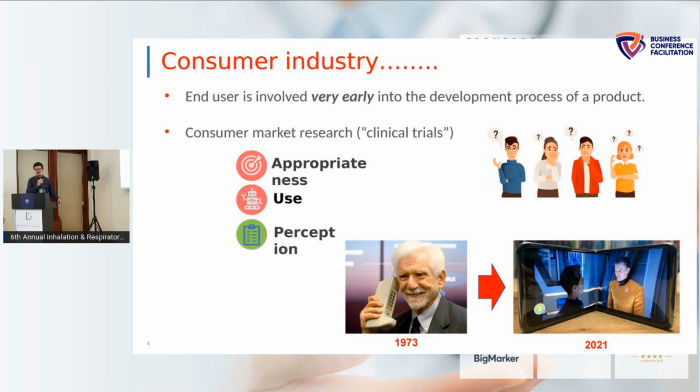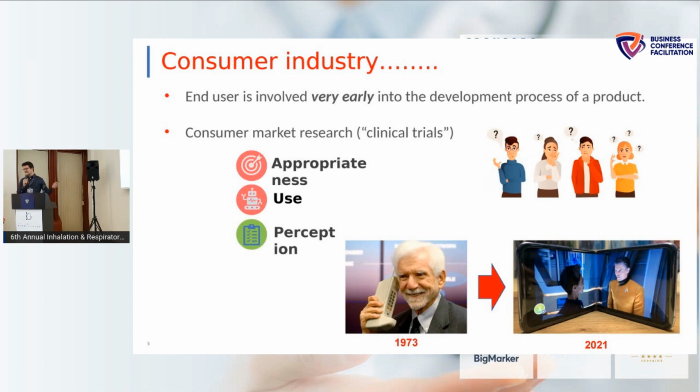So for the consumer industry, their clinical trials are basically the market research that they do before they start any kind of program development, and they focus on three main key areas, which are: what is the appropriateness of the product that they want to develop for the target audience, how will the target audience use that product, and what is their perception. And with the market research that they conduct and by getting this knowledge from the audience, they can really tailor the products that they are developing to ensure that they are highly acceptable.